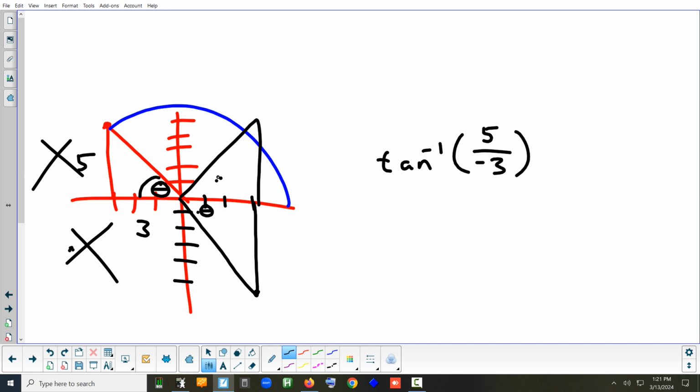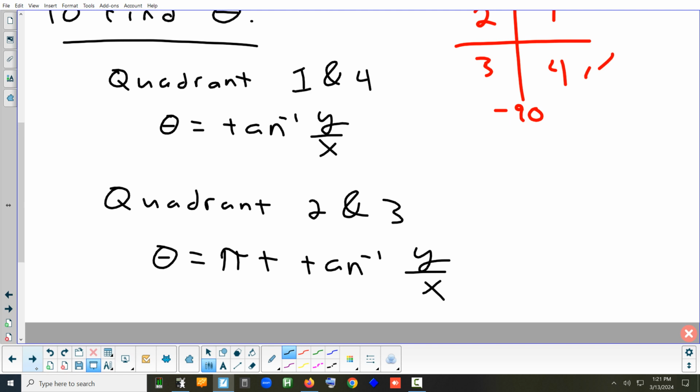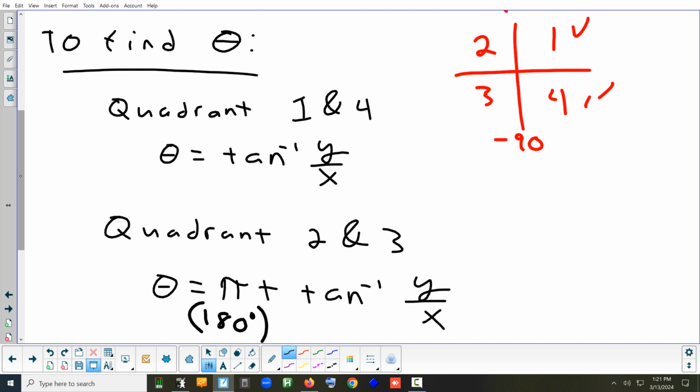It only gives you answers between -90 and 90. So the trick in those two quadrants is to always add 180, but only in quadrants 2 and 3. If you're working in radians, you could add pi. So this covers how to find your angle in quadrants 1, 2, 3, and 4.